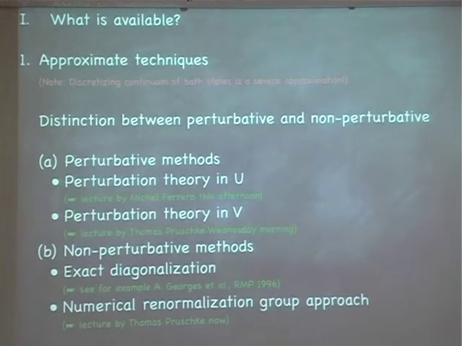This is an approximation because you have to replace your band electron system by a rather small discrete set of electronic states. Monte Carlo does not need to do this. Monte Carlo basically works in the thermodynamic limit directly. There you only have statistical and, to some extent, systematic errors. And of course the numerical renormalization group approach, which, as I will show you in a moment, is also based on the discretization of the band electron states.